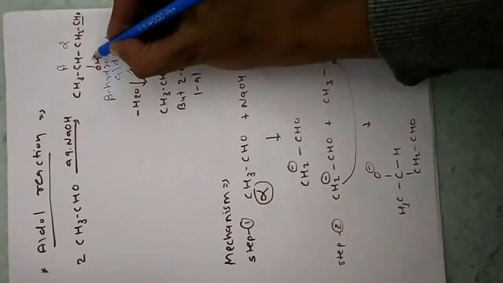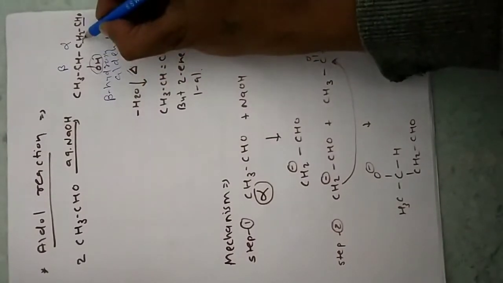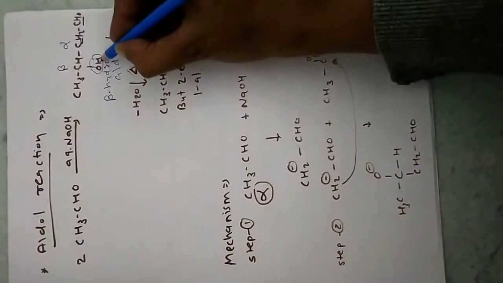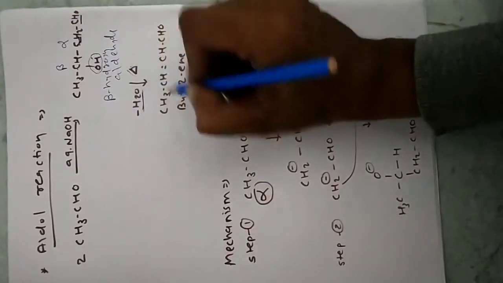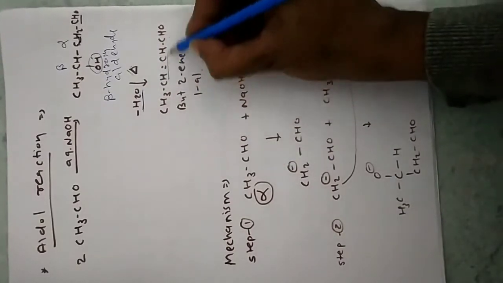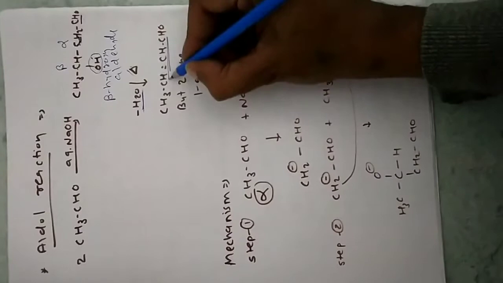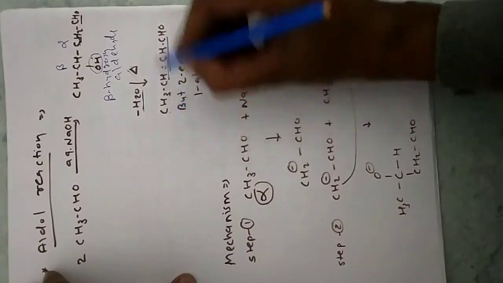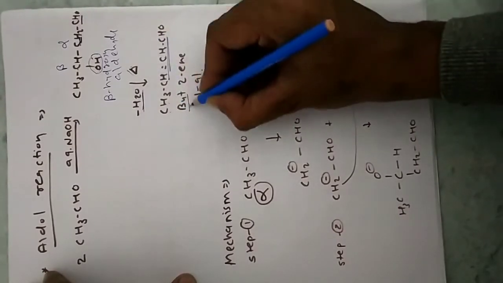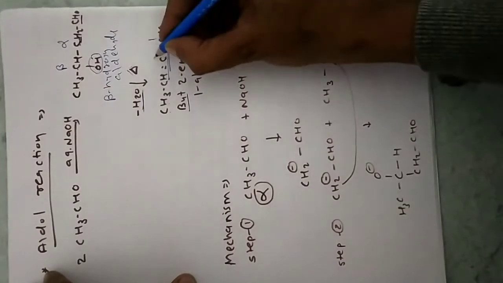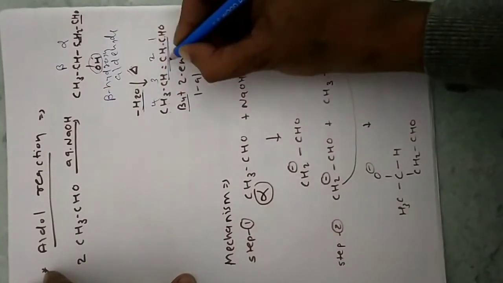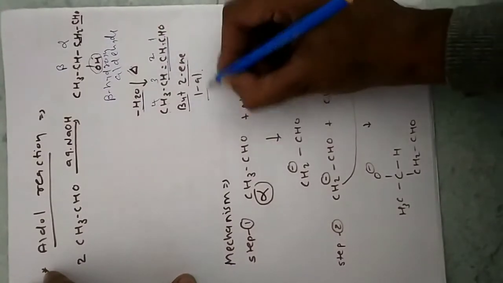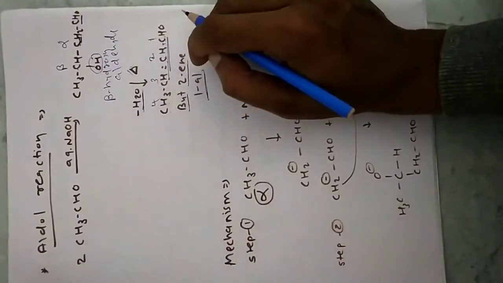If we heat it, OH and hydrogen from the adjacent inner carbon are removed as H2O to form this compound with CHO and a double bond. So the name of this compound: you can see total 4 carbons are there, 1 2 3 4. On second number carbon we have a double bond, so 2-en. On first number carbon we have the aldehyde group, so 1-al. So it is the name of the product.